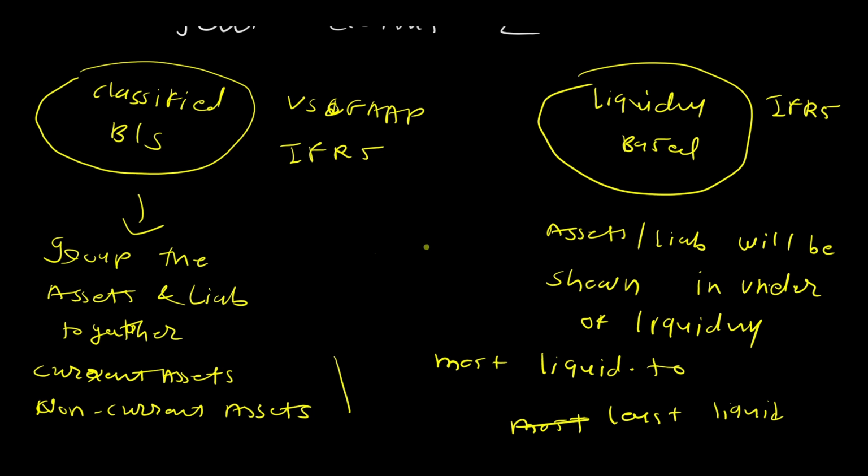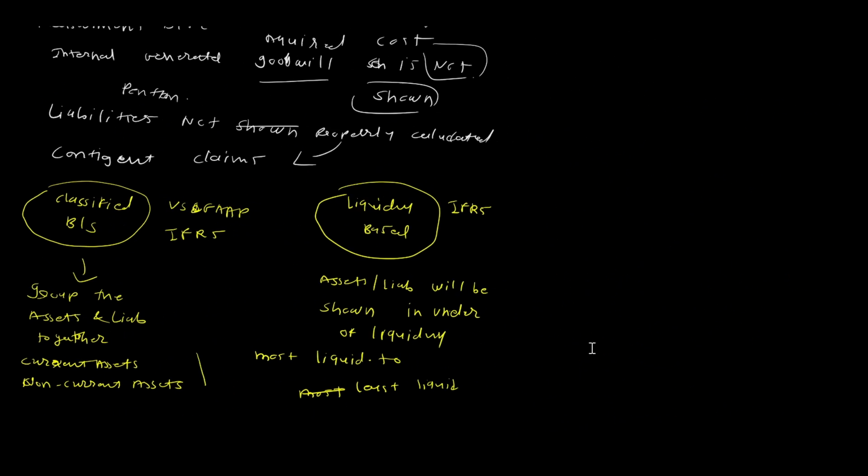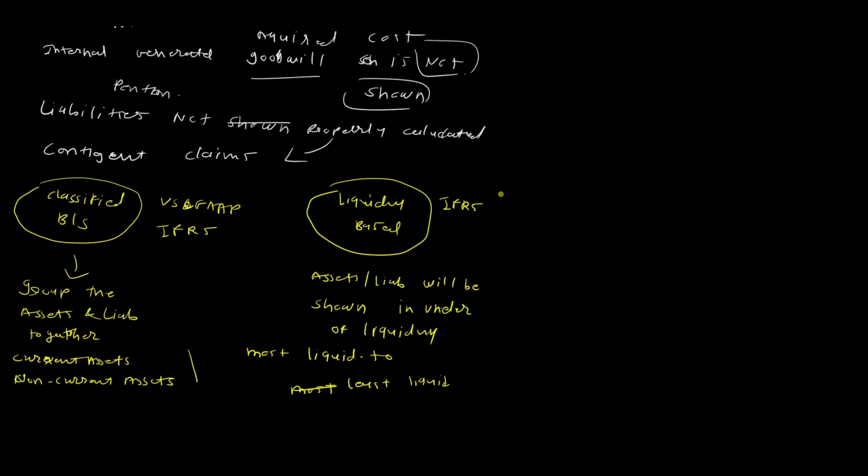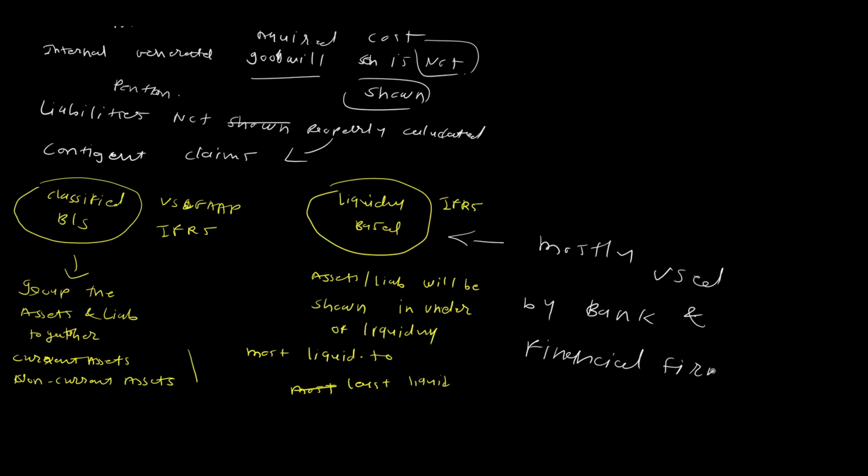Like cash will be shown first and PP&E last. This is from the most liquid to the least liquid, and this is mostly used by banks and financial firms.